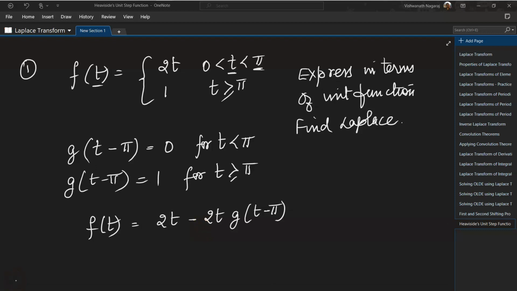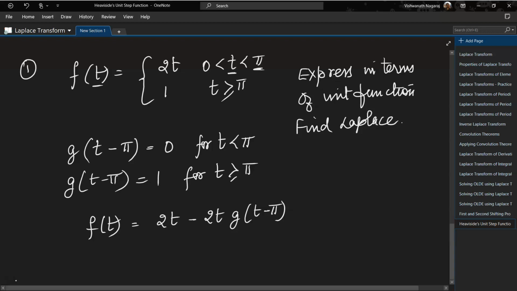But it doesn't satisfy the second condition. When t is greater than or equal to pi, g is 1. So 1 times 2t is 2t. 2t minus 2t is 0. But here it's supposed to be 1. So what we'll do is we'll add 1. But that will spoil the first.